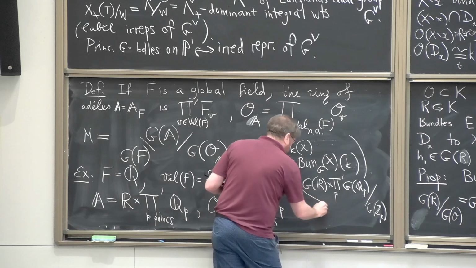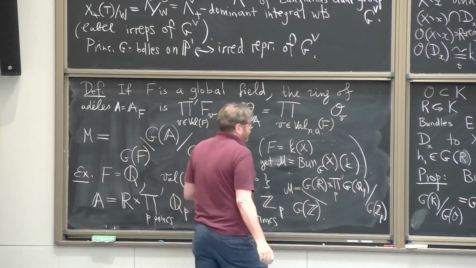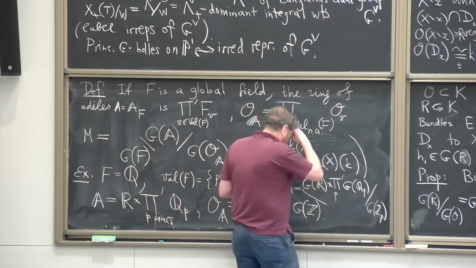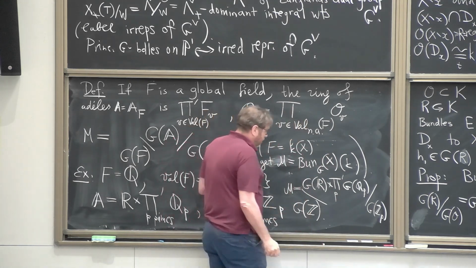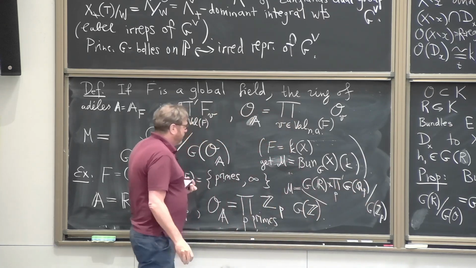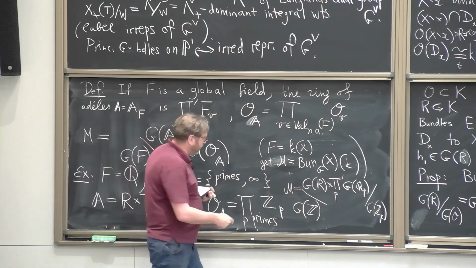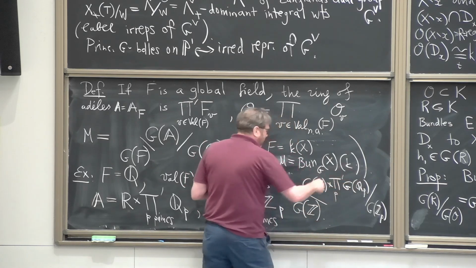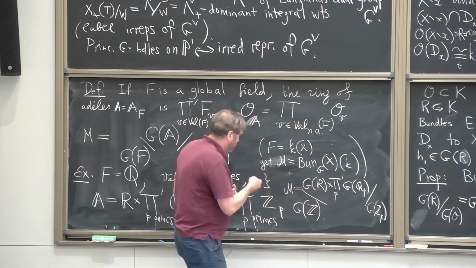And then this is going to be modulo G of Z. It is known that G of Z is dense in this product, and therefore this whole group maps to the identity.